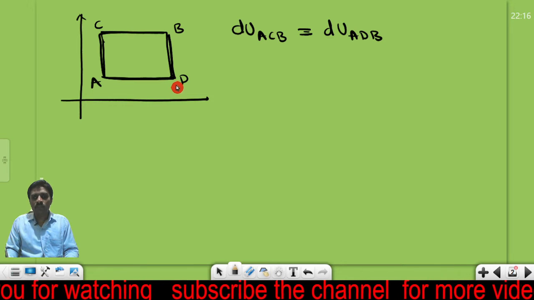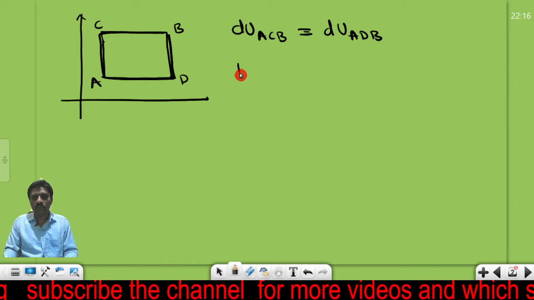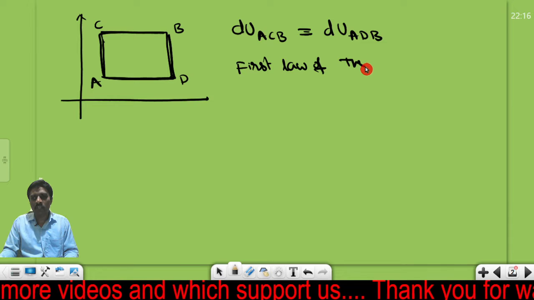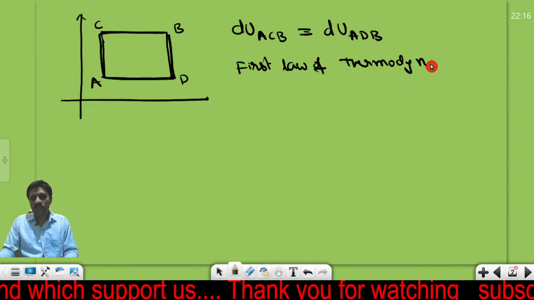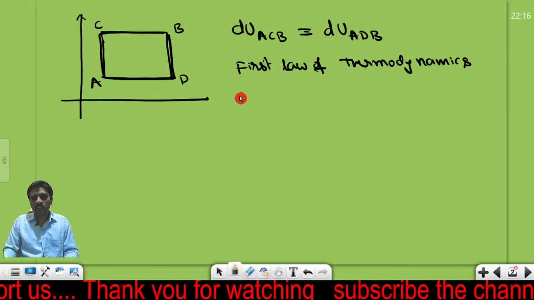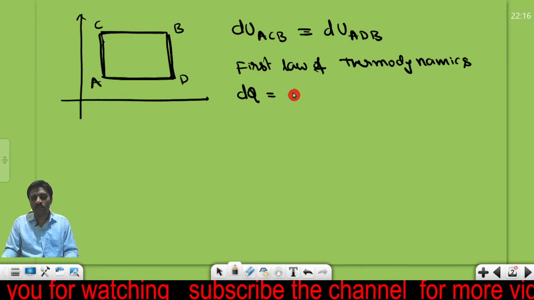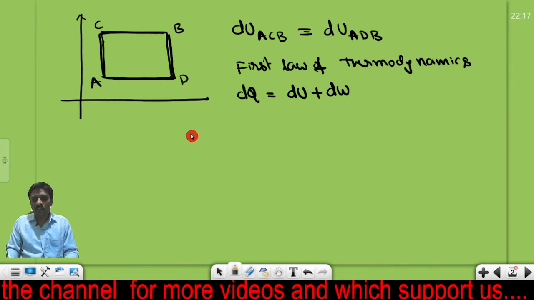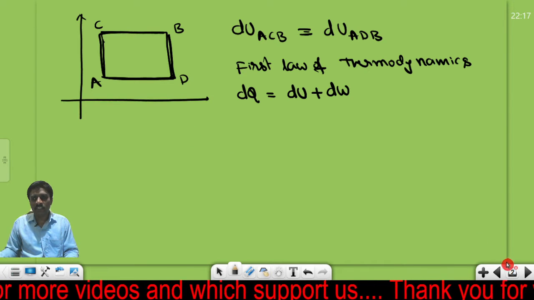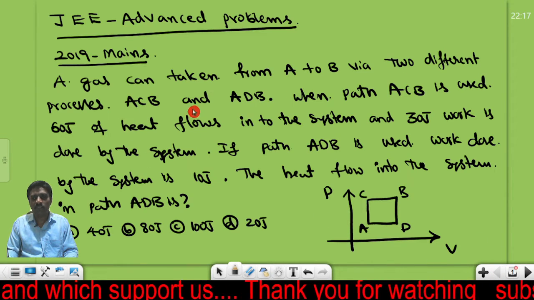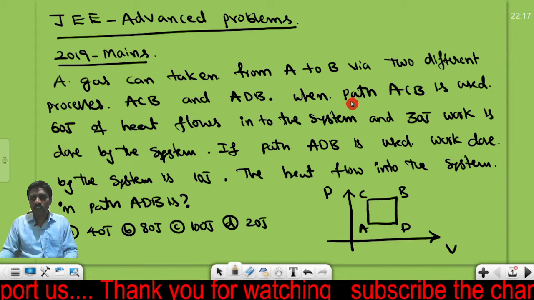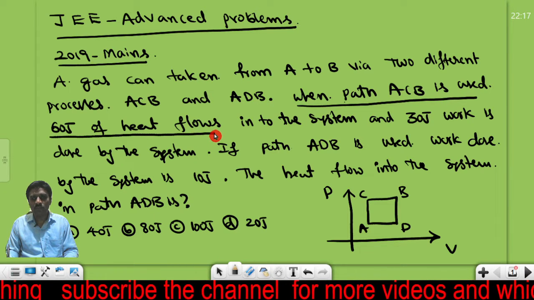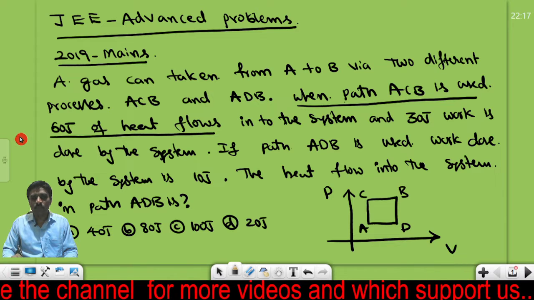Now, we are going to use the first law of thermodynamics. What is the first law of thermodynamics? The amount of heat supplied to the system is equal to the change in internal energy plus the external work done. As per the sign convention, in the first case, ACB, 60 joule of heat is flowing into the system.